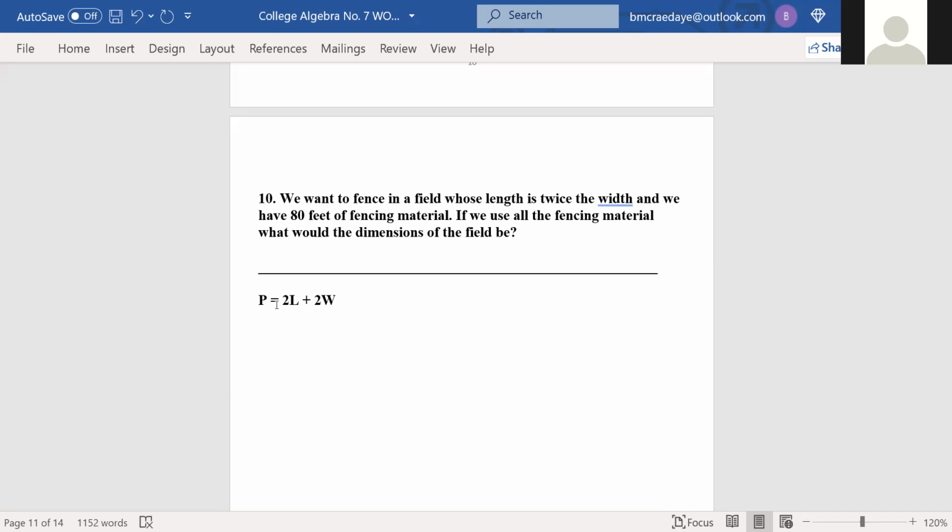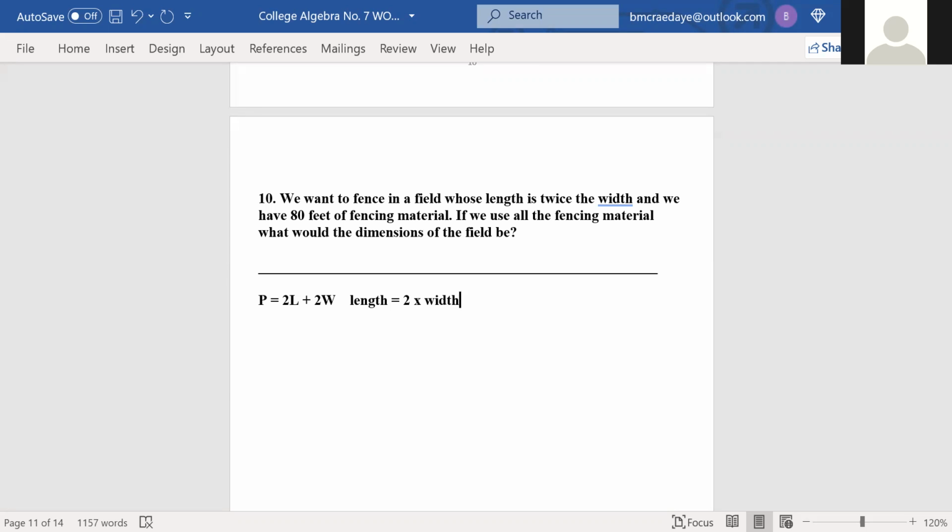So the length is twice the width. So this right here, length equals 2 times the width.